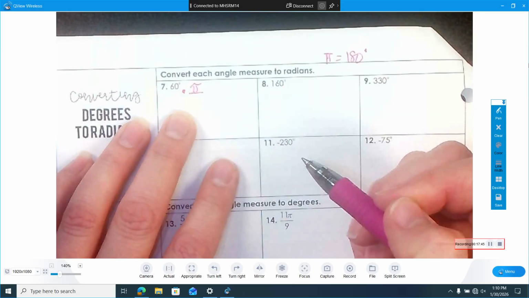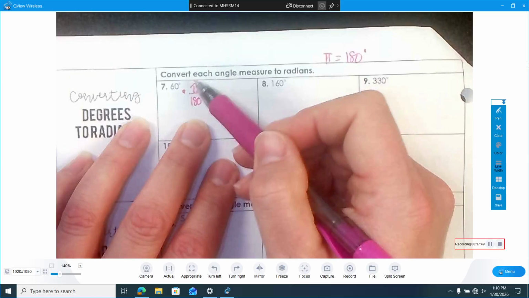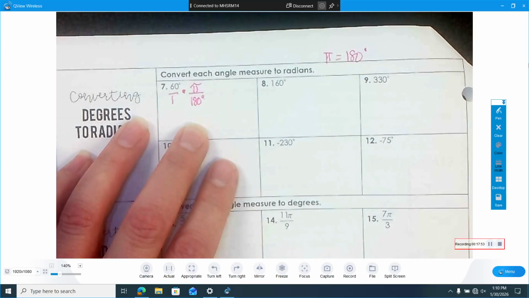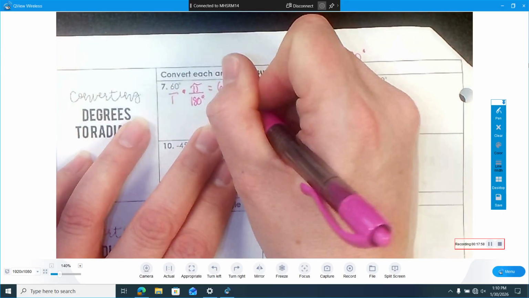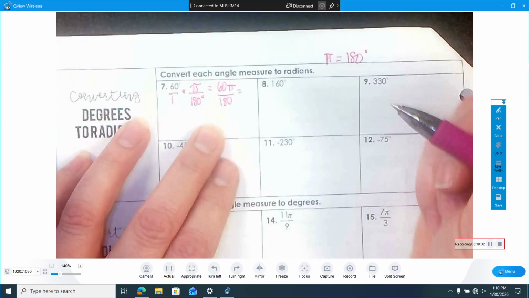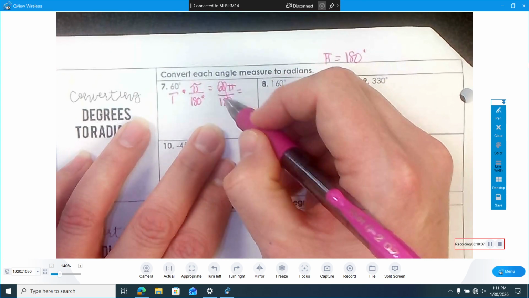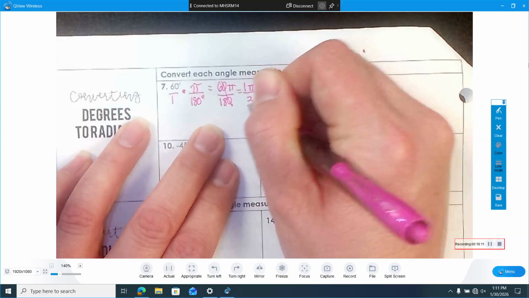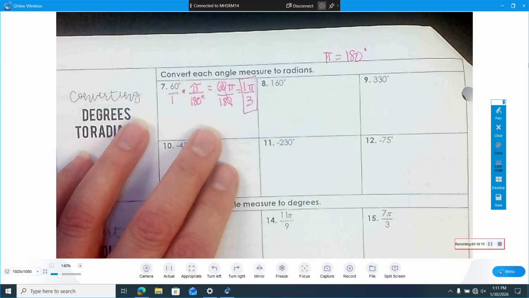I need to cancel out the degrees, so degrees goes on the bottom. So we have degrees on top, degrees on bottom. Those are going to cancel each other out. I'm going to multiply straight across. 60 pi over 180. The zeros cross out, and 6 over 18 reduces to 1/3. Pi over 3 radians is how that works.